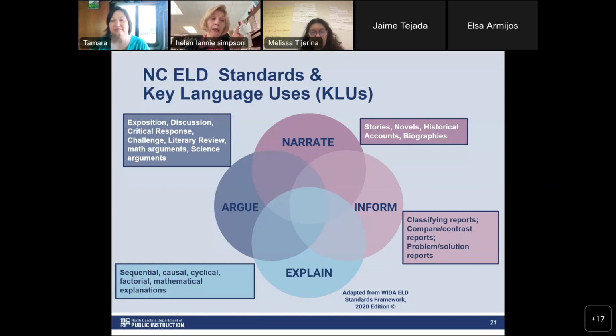And a real key to that is, what does your assessment look like? So keep that in mind as you and your folks wrestle with the 4 key language uses.